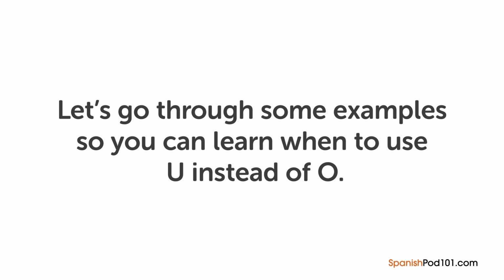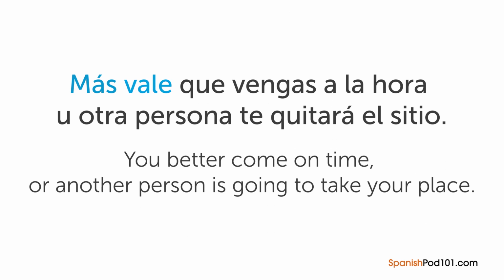Let's go through some examples so you can learn when to use U instead of O. First up, más vale que vengas a la hora u otra persona te quitará el sitio. Meaning, you better come on time or another person is going to take your place. Here, the word otra, another, begins with an O sound. Therefore, we change O to U.